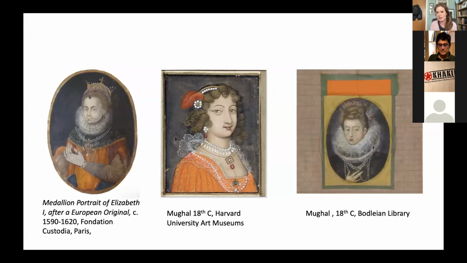And particularly this image on the left shows the very close relationship between medallion portraits and the whole motif of the jharoka. The jharoka window is a codified form that Jahangir develops of portraiture that functions as a way, the frame functioning as a way of activating the presence of the figure within the frame.